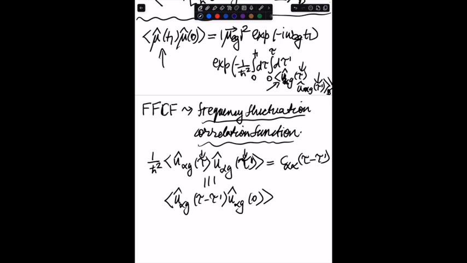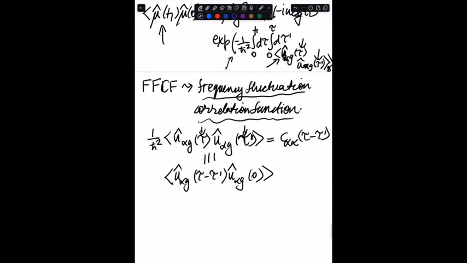So also you can use that to simplify this integral a little bit, where if you do that, you get the term there as exponential minus 1 upon h bar square, 0 to t1, d tau, 0 to tau, d tau prime.